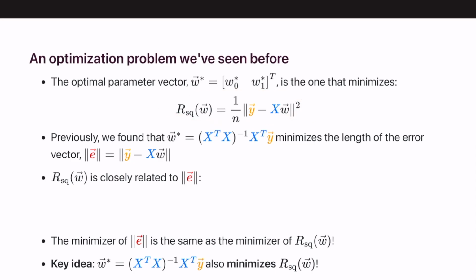And then, of course, this w star sub 0 is the best intercept, and this w star sub 1 is the best slope. And we kind of want to think about now, what is the relationship between mean squared error and the length of the error vector?